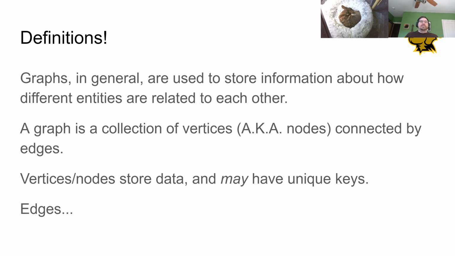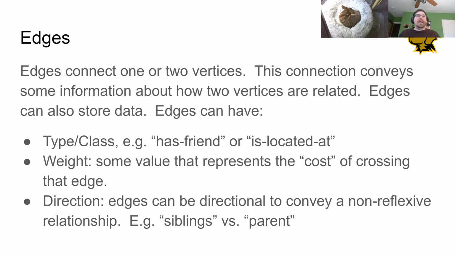So edges connect one or two vertices. An edge either connects a vertex back to itself or connects two vertices. They cannot connect three vertices. Now, if you want to do that, you can cheat it in a sense.